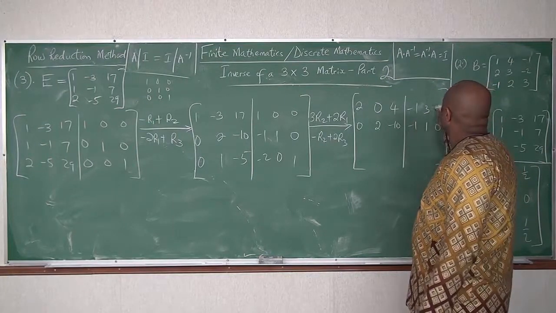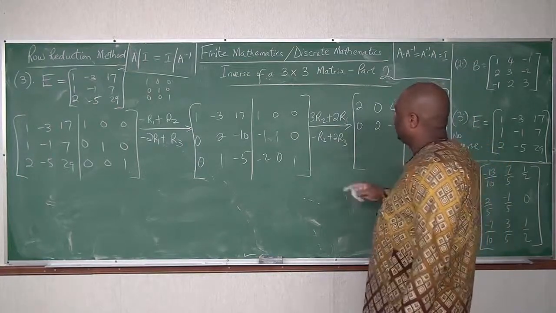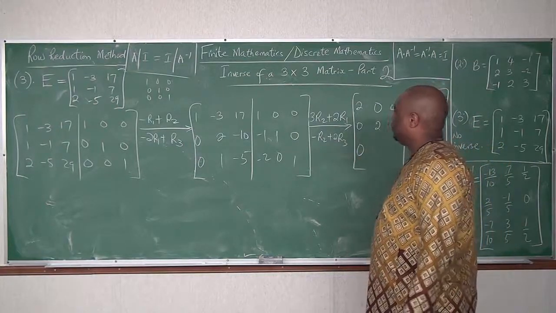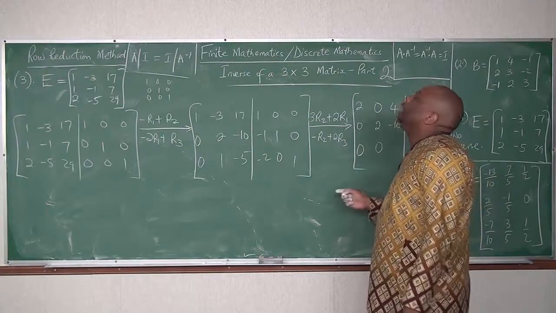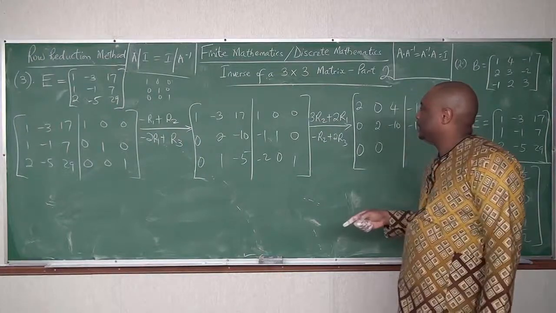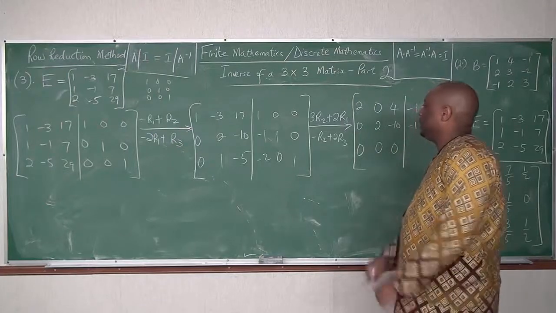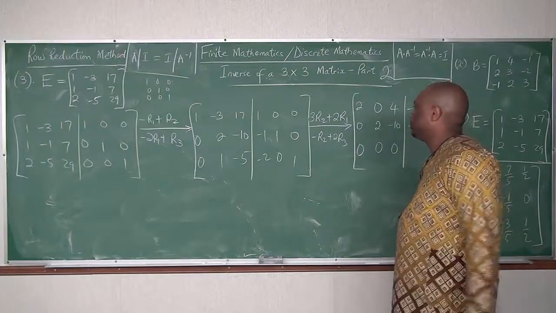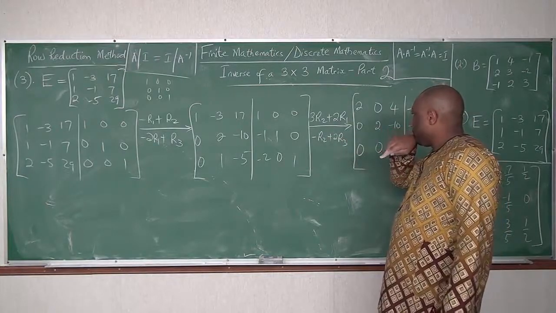0, 0 is 0. Then 0, 0 here is 0. Negative 2 plus 2 is 0. Negative 10 plus 10 is 0. Negative 1 is 1. Negative 1 is 1.